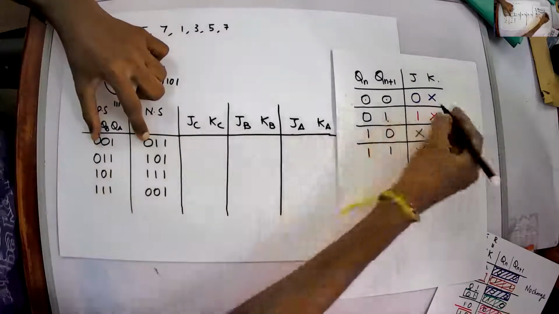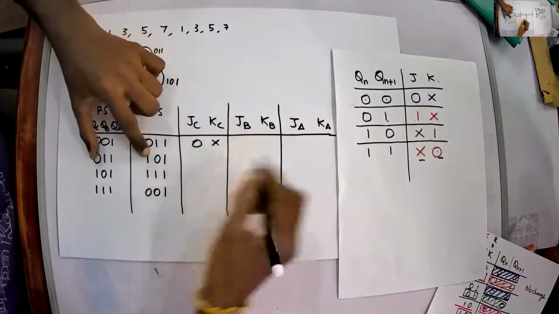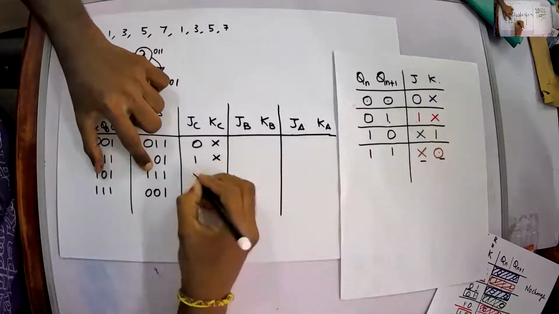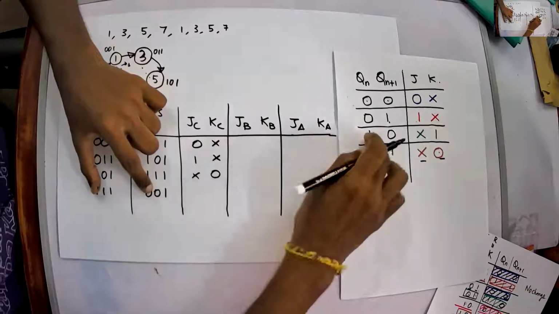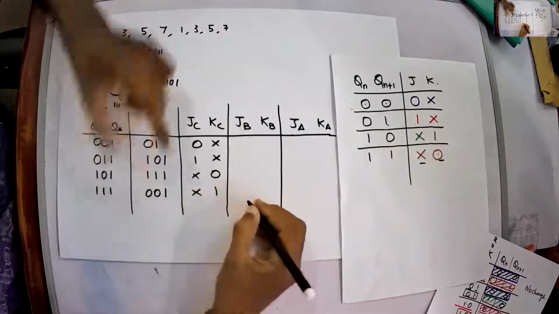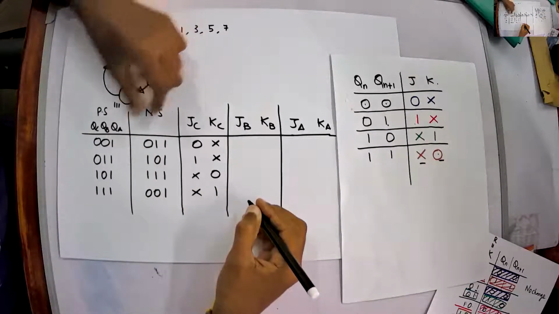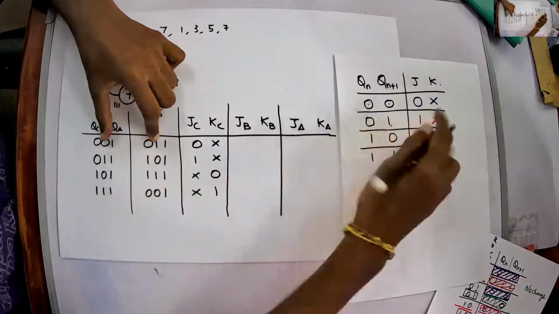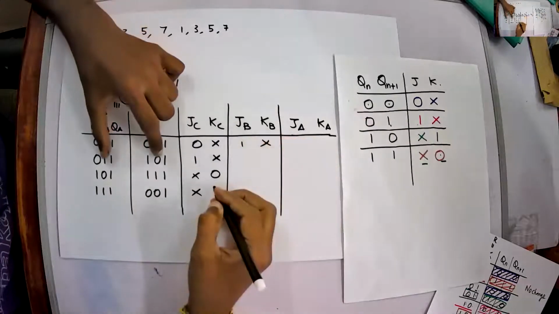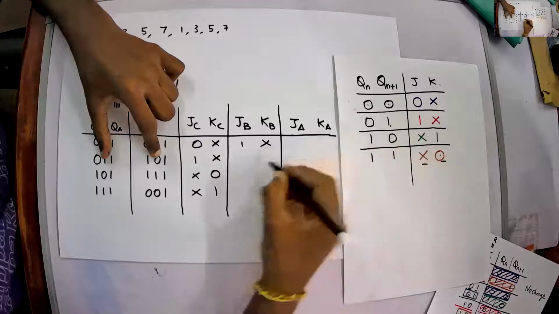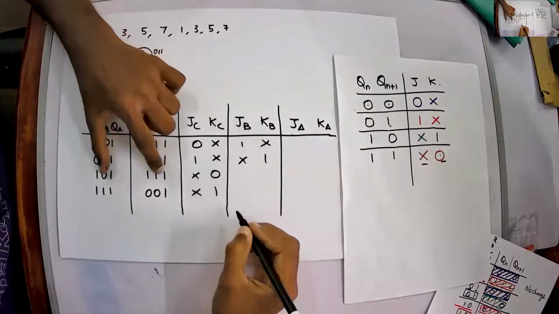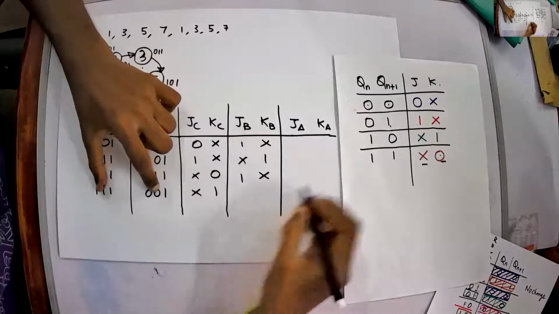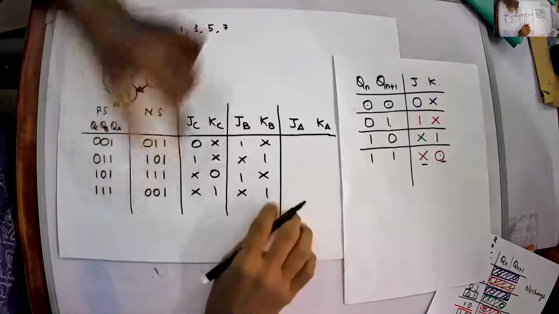So 0 0 0 x, 0 1 1 x, 1 1 x 0, 1 0 x 1. Clear, right? That's for C. Now compare B. 0 1 is 1 x, 1 0, which is x 1, 0 1, which is 1 x, and 1 0 x 1.